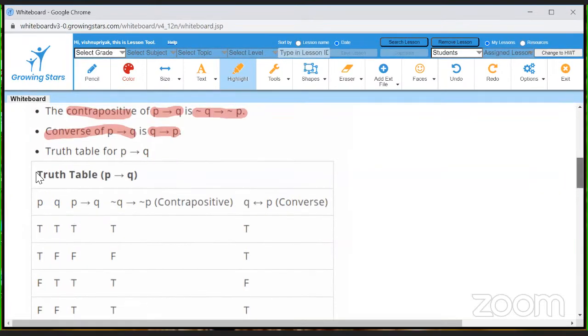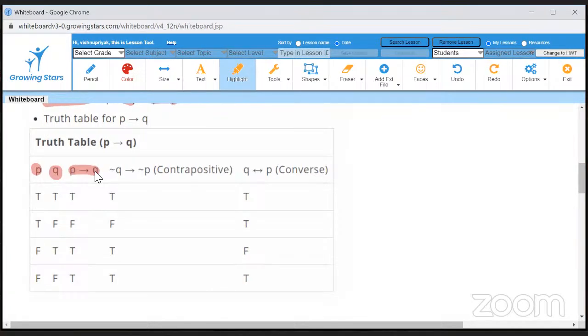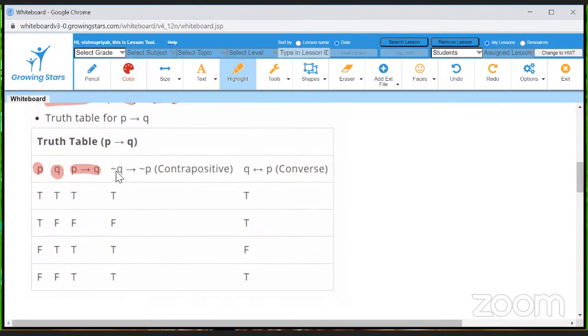If you take P implies Q, then its contrapositive statement will be not Q implies not P.